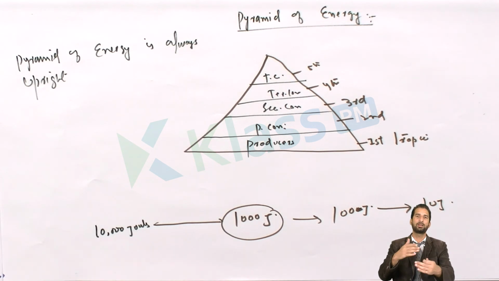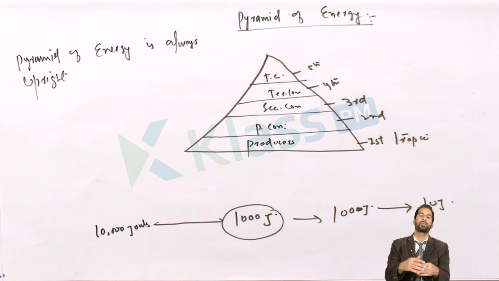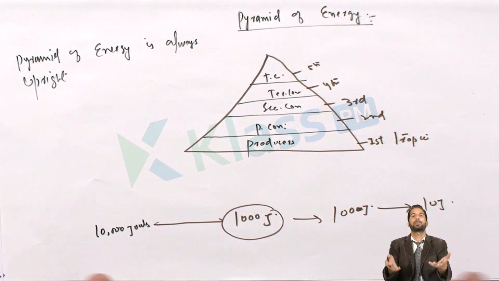So it is the eat and being eaten process. Suppose a primary consumer eats the autotrophs, and it is itself eaten by the secondary consumer, and this secondary consumer is also eaten by the tertiary consumer. This is the food chain.